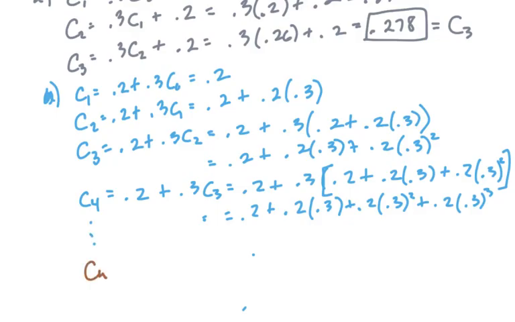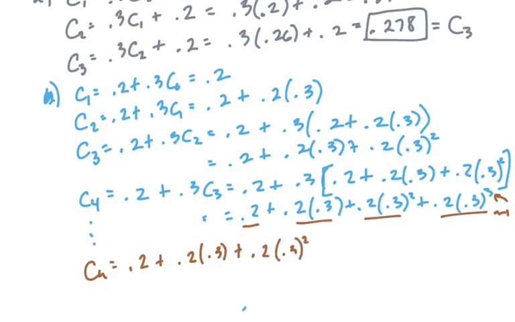So C sub n equals 0.2. Now notice that here I have just 0.2, 0.3 to the first, 0.3 to the second, 0.3 to the third, and this happens to be n minus 1. It doesn't happen to be, it is. So we're going to say 0.2 plus 0.2 times 0.3 plus 0.2 times 0.3 squared plus dot dot dot plus 0.2 times 0.3 to the n minus 1.